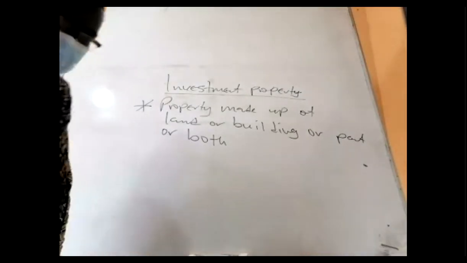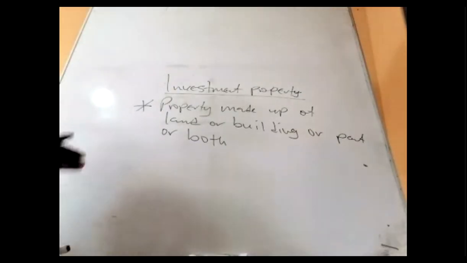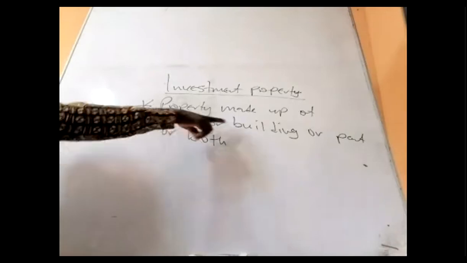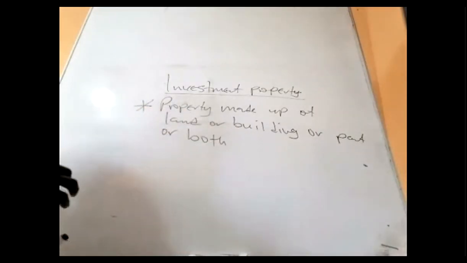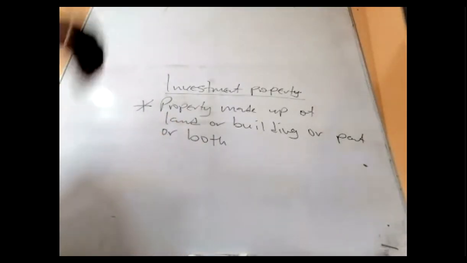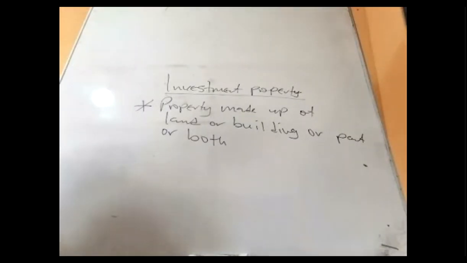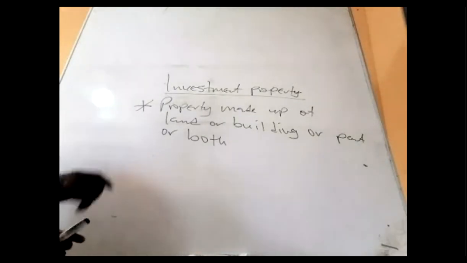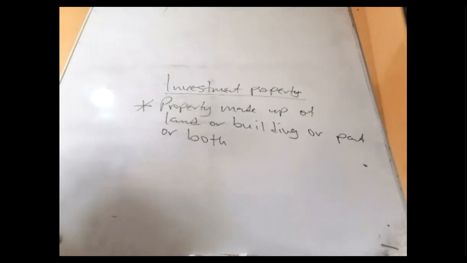When you talk about investment property, it's a property made up of land or building or part of a land or part of a building where it belongs to you. If you're in a family house and the building does not belong to you, only the part that belongs to you. Or both the land and the building, all of them are yours. That's the first feature.